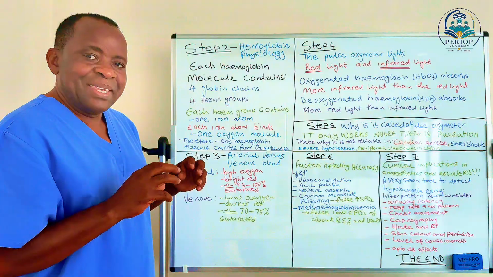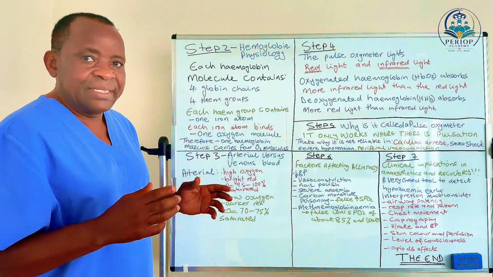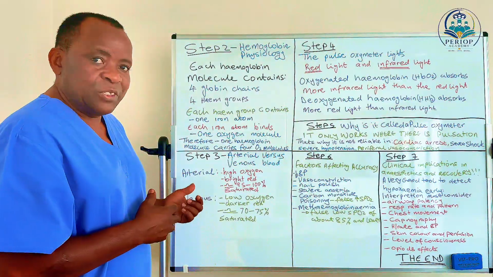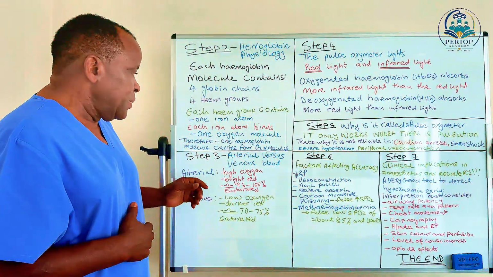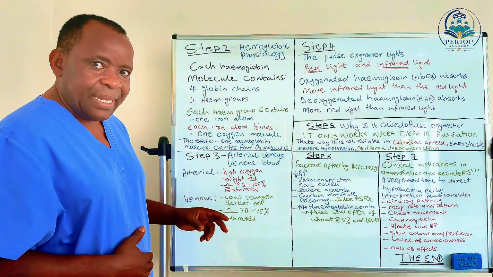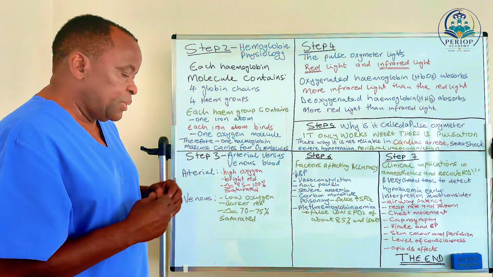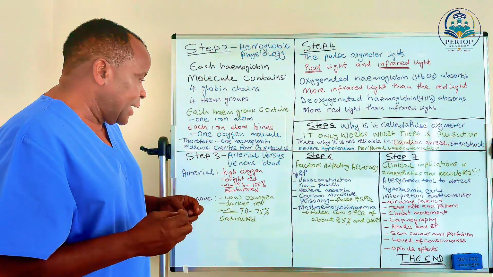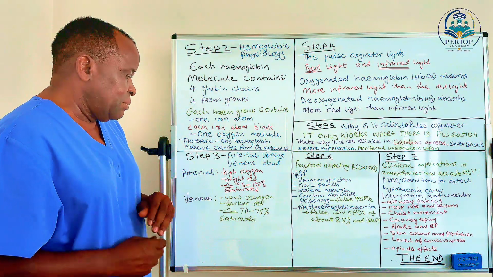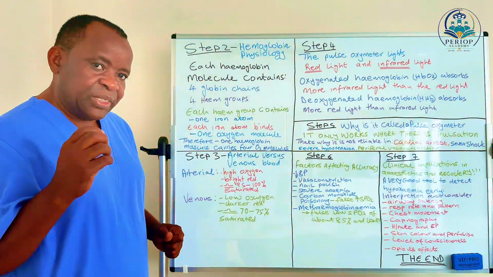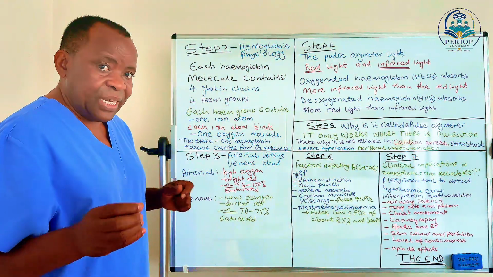However, 100% is not always reachable, let's say 98, but for the purpose of this discussion I've given the full range. The venous blood carries deoxygenated blood, which is dark red in color, and has an estimated 70 to 75% oxygen saturation.